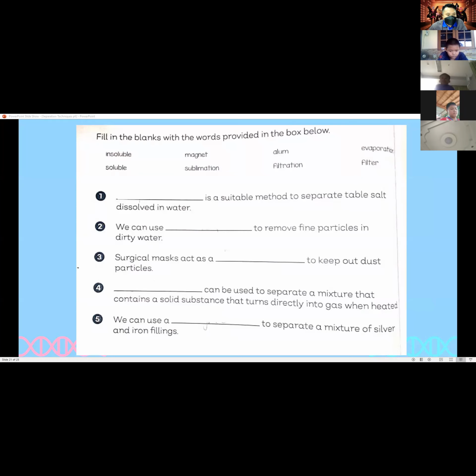Blank is a suitable method to separate table salt dissolved in water. What is that? How will you separate? Evaporation. Very good. That is evaporation.